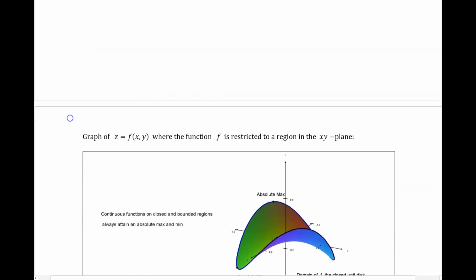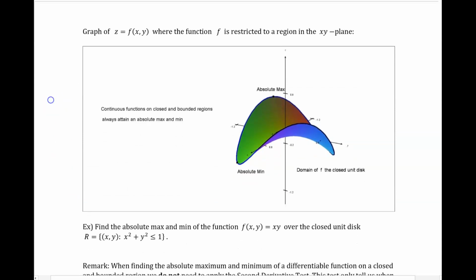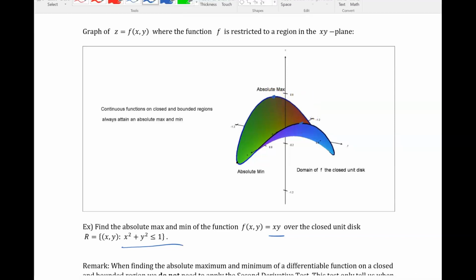I've got a picture to go with this down here below. This is the graph of the function f of xy equals x times y, restricted to the unit disk. So we're talking about inside the unit circle, including the boundary. We can see there's a highest point on the graph, and it's obtained in two different places, here and here.